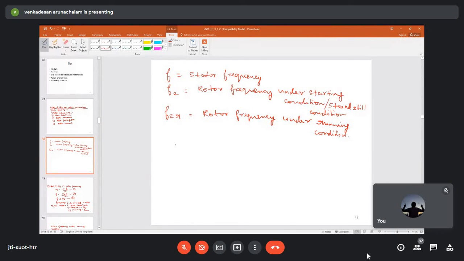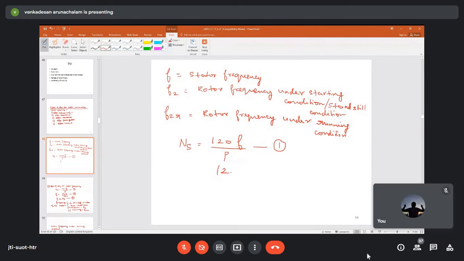So now, what is my synchronous speed? Synchronous speed is nothing but NS = 120F/P. Let me take this as equation 1. The same expression, if I want to write for the rotor frequency under running condition, how can I write?